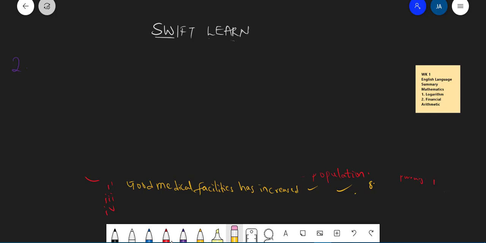I'd say education has made man to see the importance of having good health. Okay. Wait, read the question again. It says, in 4 sentences, one for each, summarize the factors that have prompted the rapid increase in the world population.